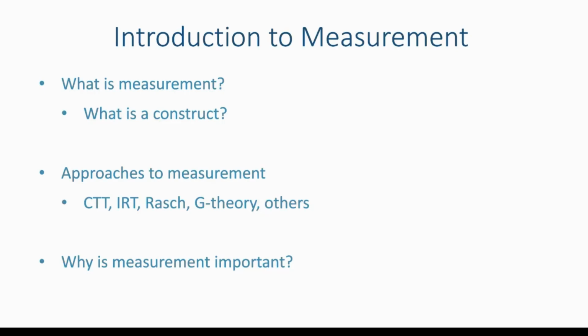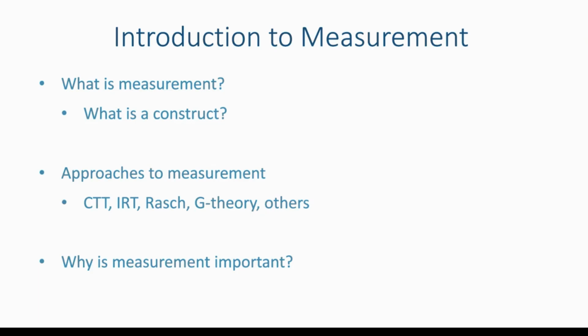Typically when we're doing measurement in the world of education or psychology or health disciplines or engineering, the list goes on, we usually are interested in trying to measure things that we can't see directly. Some of the things we can't see directly are, say, math achievement or science achievement or stress or burnout, and the list can go on. What we want to do is try to best represent these hidden variables using measurement techniques.